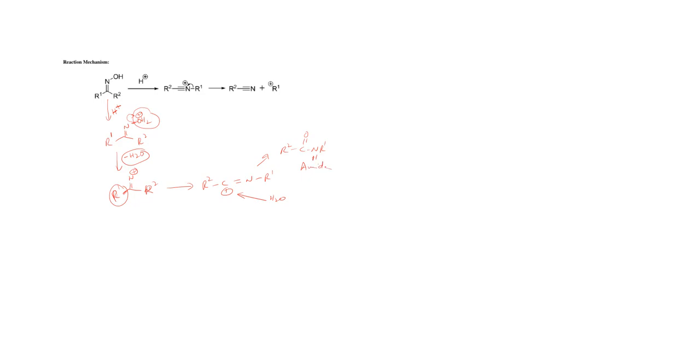But in case of this type of abnormal rearrangement reaction, when this carbonyl is produced, what will happen? The nitrogen lone pair of electrons is shifted toward this carbon atom, and as a result this intermediate is produced.